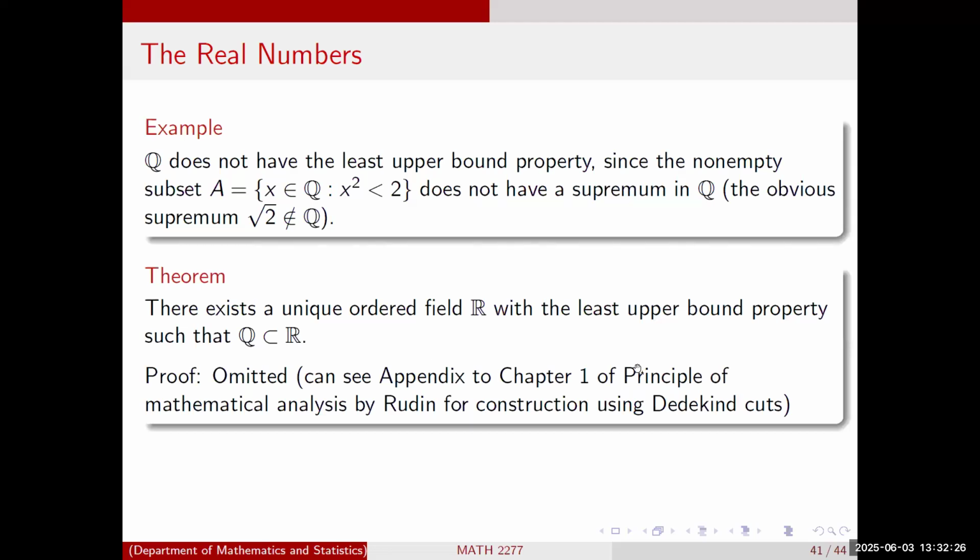What was I going to say? Yeah, if someone on the street asks you why the real numbers have the least upper bound or completeness property, you could tell them it has that property because it was made to have that property. That is how it was built.